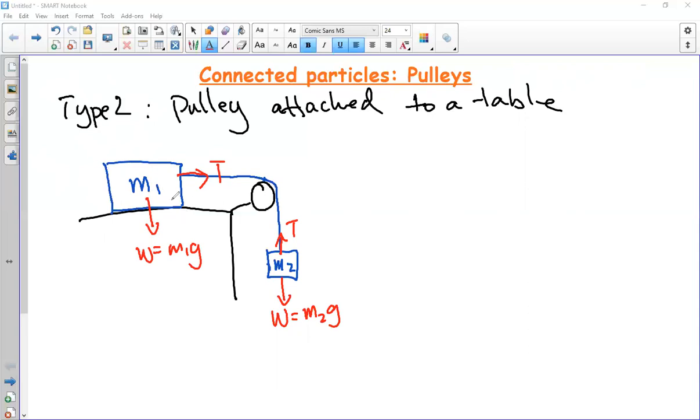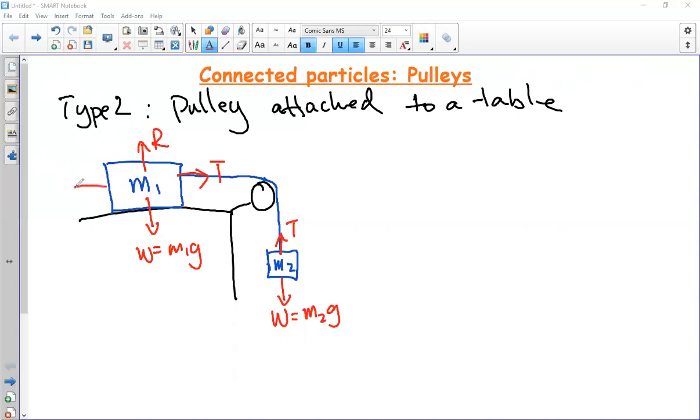Well, because the box is resting on a surface, there must be a normal reaction force acting upwards. The normal reaction force R and the weight cancel out in the vertical direction. So when you have a pulley attached to a table in this kind of case, you normally don't need to consider R and the weight in this direction.